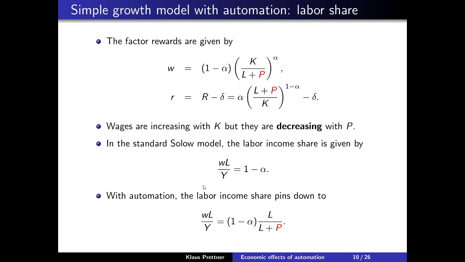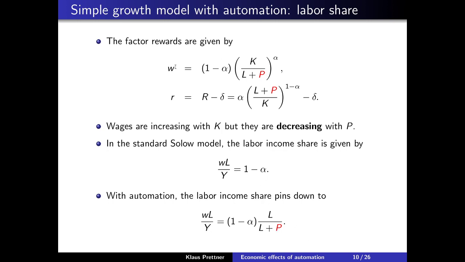Well, and then we know in the standard Solow growth model, the labor income share, which is the wage rate multiplied by the number of workers divided by total output, is always constant and equal to 1 minus alpha, irrespective of what happens in the economy, whether we are in the transition phase or in the long-run solution or whatever, the labor income share would be constant. Now with automation, this changes.